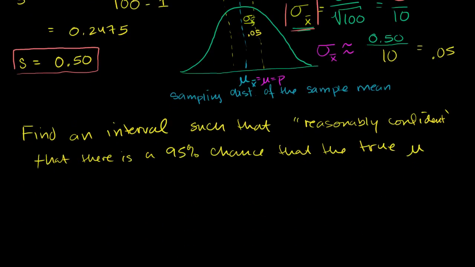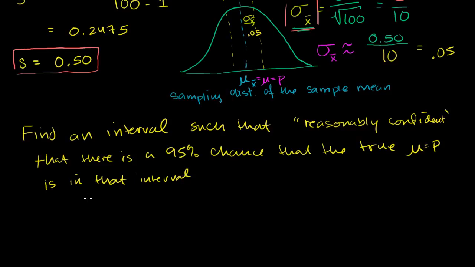So we just have to remember that mu is equal to p, that there's a 95% chance that the true p is in that interval.